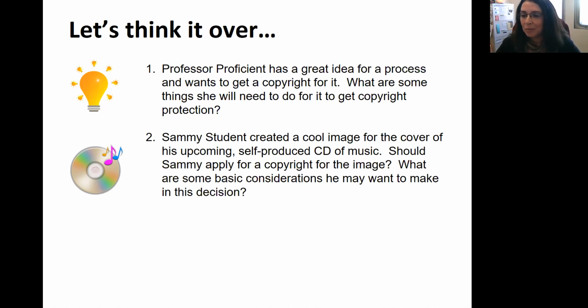Does it contain other parts of copyrighted content? That's a consideration too, actually, yes. Could anybody think of why it matters whether the cool image is Sammy's or if he used other parts, like other images made by other people?